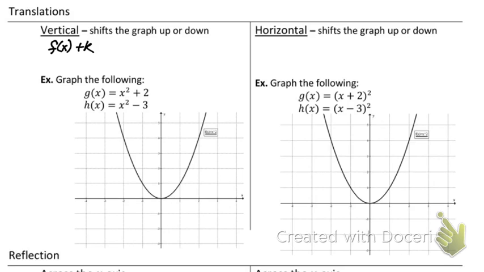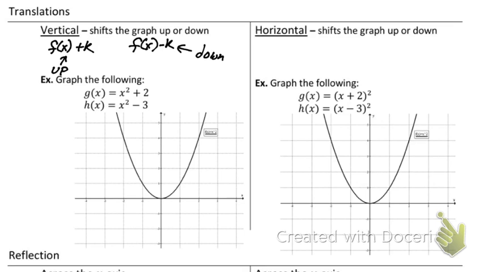So anything that's happening outside the parentheses. If you remember, when we had sine of x, if you would add 2 to it afterwards, it would go up 2. Once again, if I add a number just outside of the parent function, that is going to go up. If we have f of x minus k, that is going to go down.